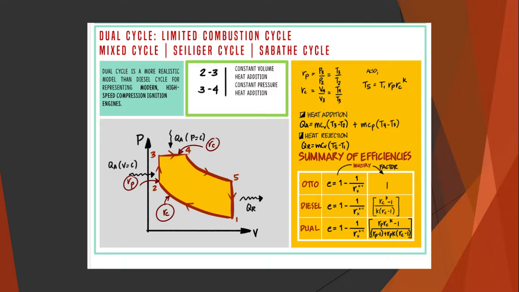Therefore, yung thermal efficiency for dual cycle is equal to 1 minus Cv times T5 minus T1 all over Cv multiplied by T3 minus T2 plus Cp multiplied by T4 minus T3. And that's all.